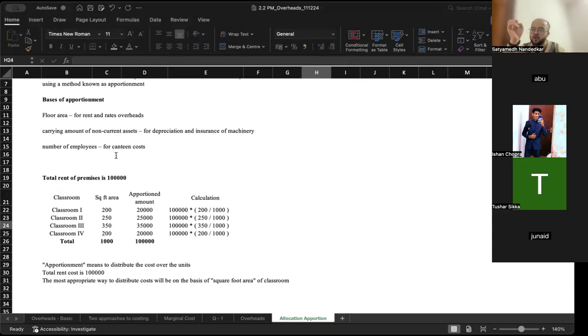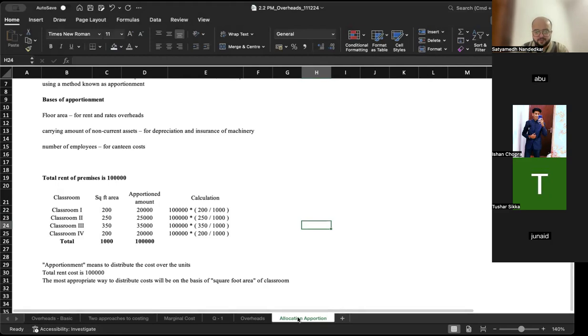When I say I want to absorb overheads, what I am doing is taking the overhead cost and adding it to the cost of the product. That process is known as absorption of overheads. What is absorption of overheads? Taking the indirect cost and including that in the cost of the product is known as absorption of overheads.